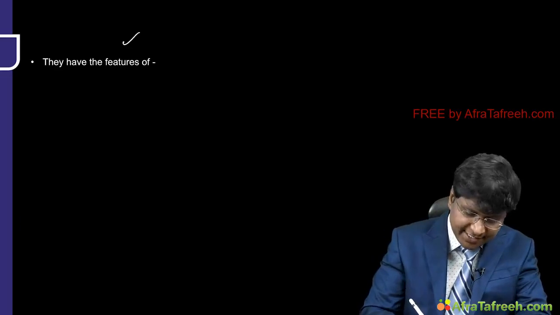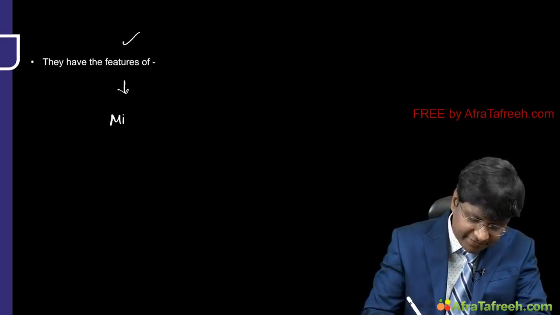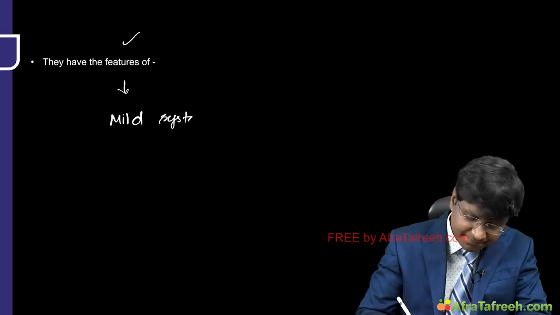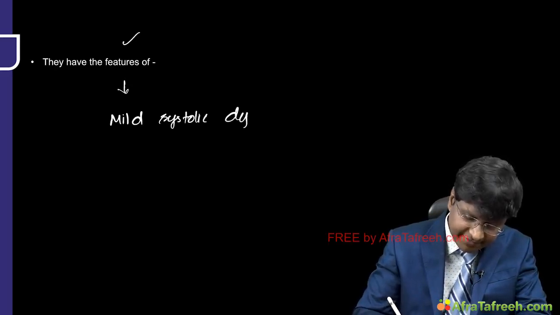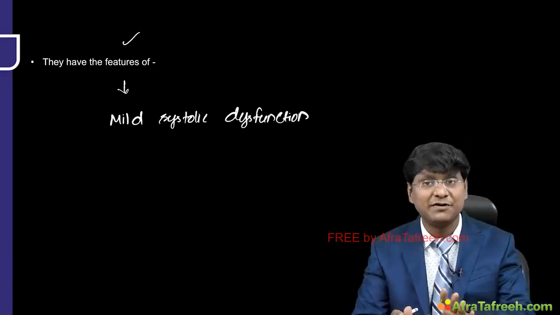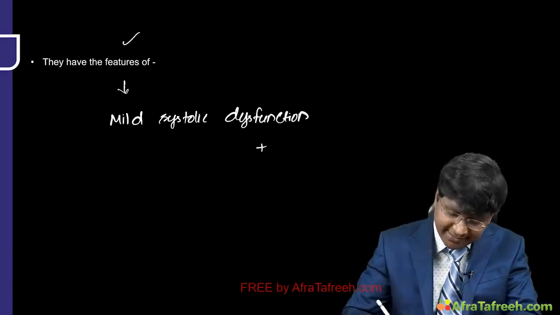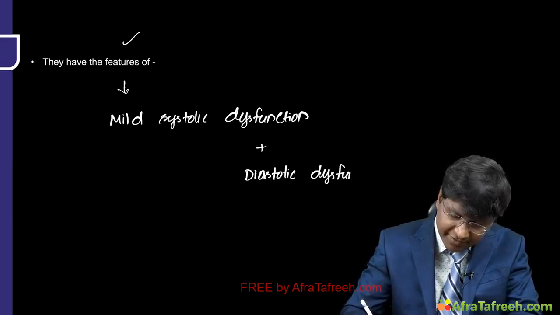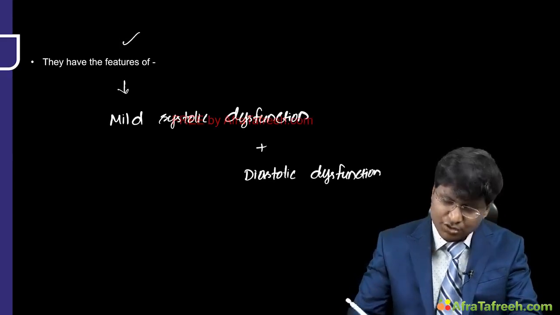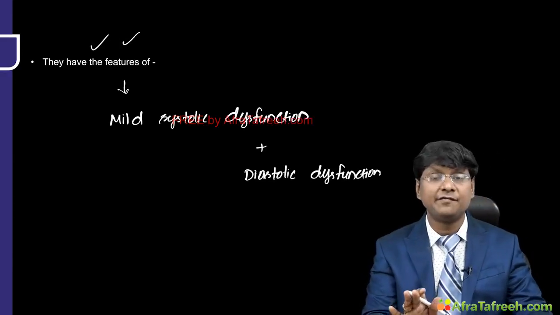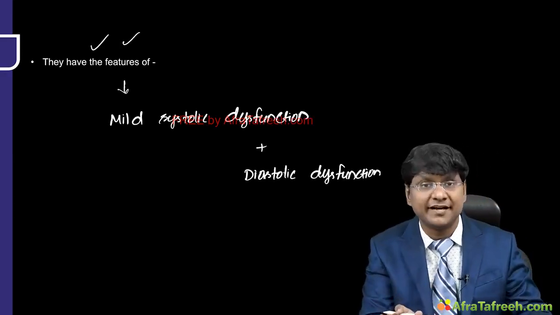What do they have? They have the clinical features of mild systolic dysfunction, and along with that they also have the features of diastolic dysfunction. So these will be the features of heart failure with mildly reduced ejection fraction.